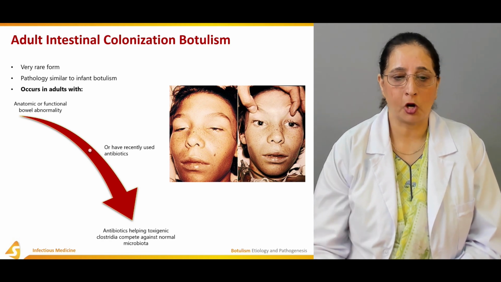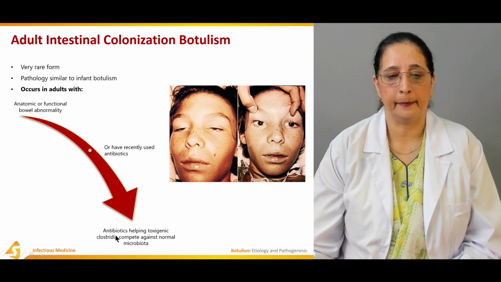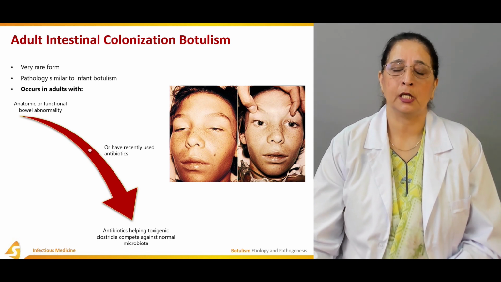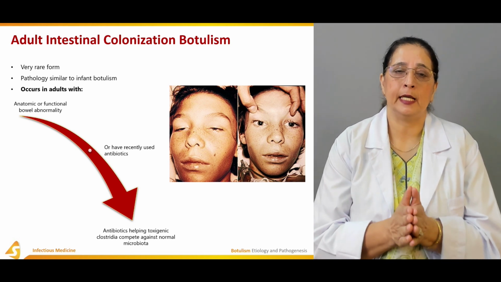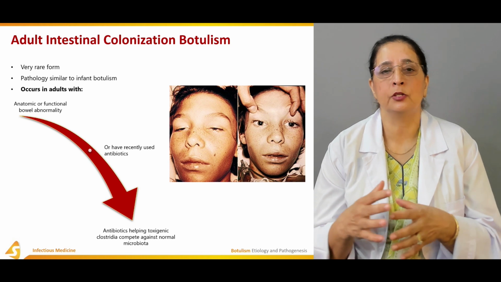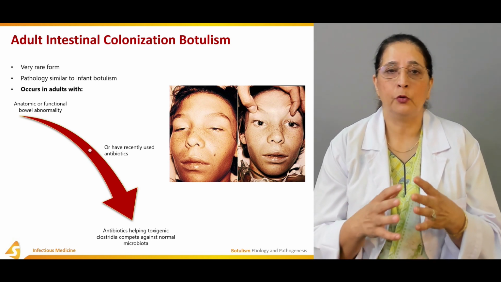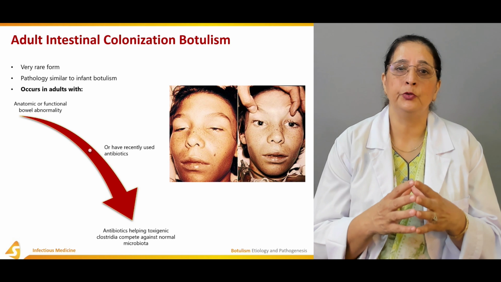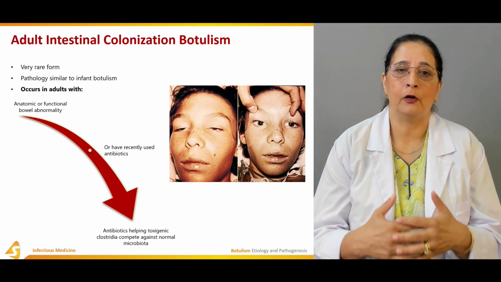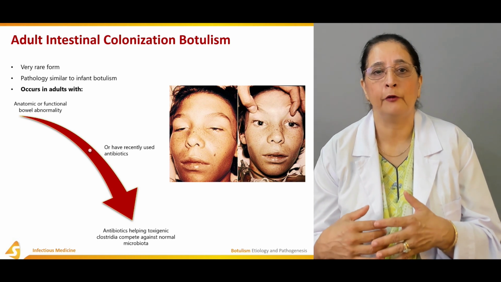Antibiotics help toxigenic Clostridia compete against the normal microbiota. As in children, where the normal intestinal microbiota is not fully developed, adults using antibiotics have a decreased level of normal intestinal flora.